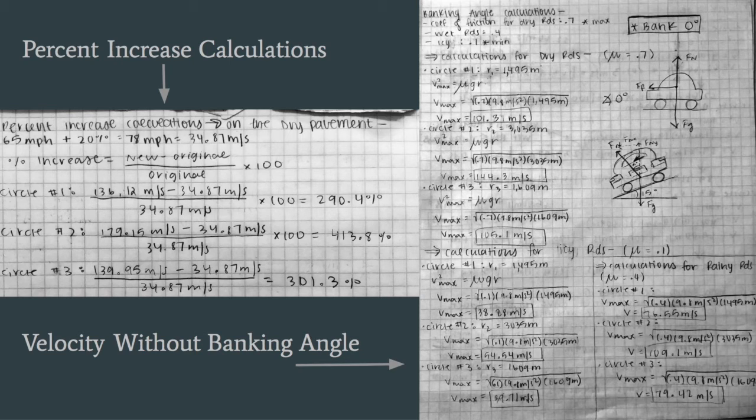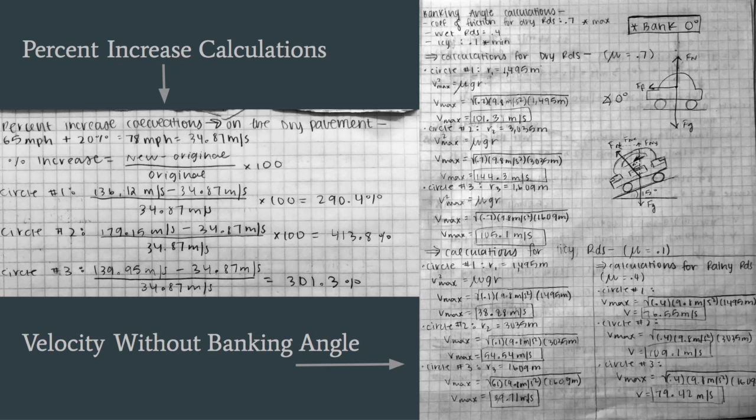So next, using this banking angle, we plugged each angle into this formula rearranged, which is velocity equals the square root of the tangent of theta times gravity times the radius. And from that, we got the velocity to be 34.85 meters per second, and that remained the same for all three curves, given the respective banking angle times the radius.